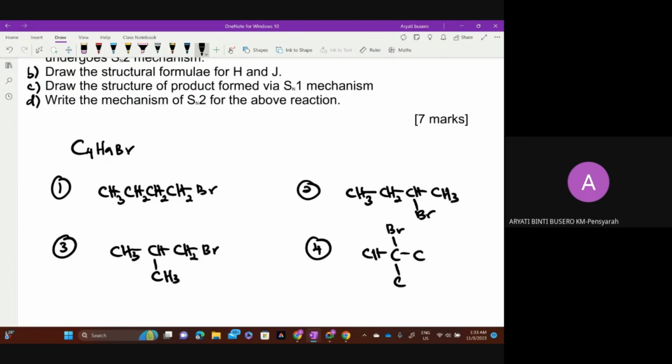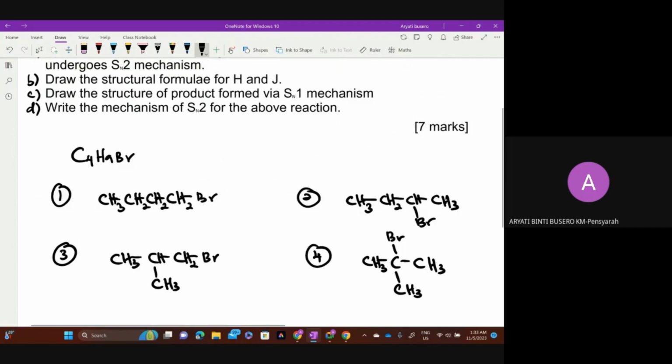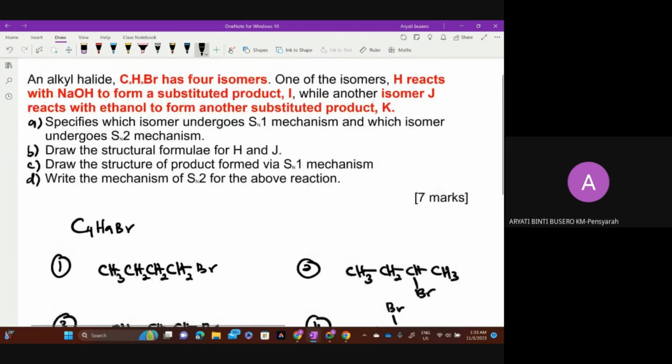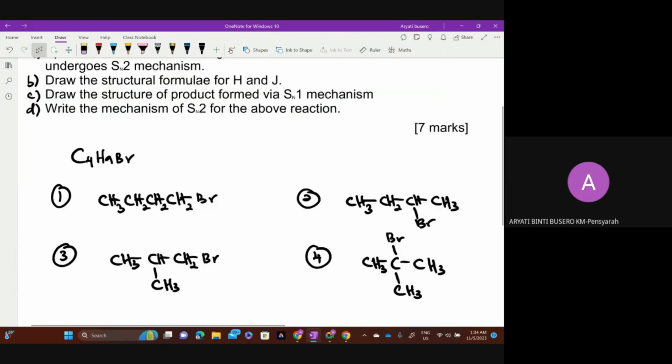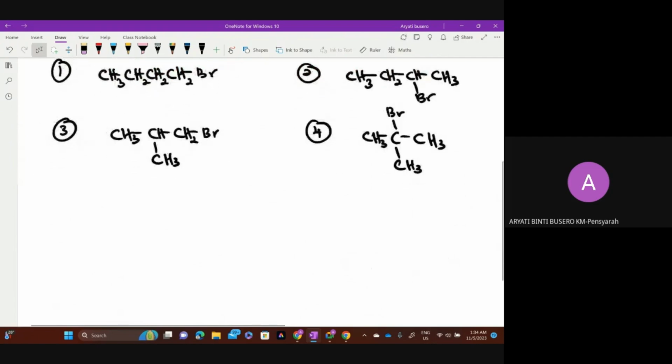So there are 4 possible molecular structure for C4H9Br. Okay, so kalau kita referring question number 1, specify which isomer undergo SN1 mechanism and which isomer undergo SN2 mechanism. Okay, untuk jawapan A.